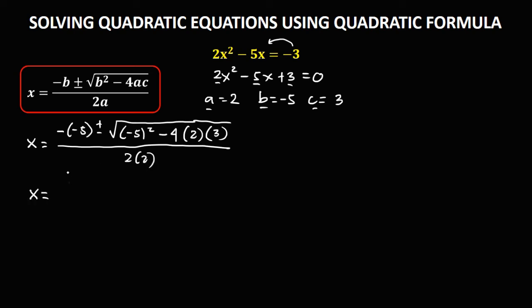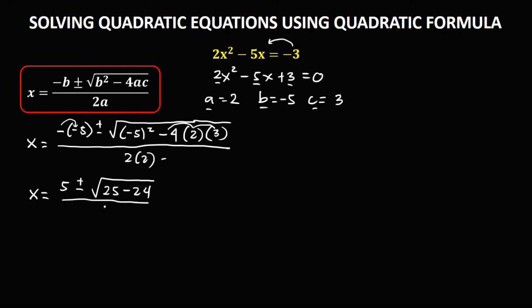So we have now x equals, negative negative is positive, then plus minus. This negative 5 squared, negative 5 times negative 5, is positive 25. Then negative 4 times 2 is negative 8, and negative 8 times 3 is negative 24.